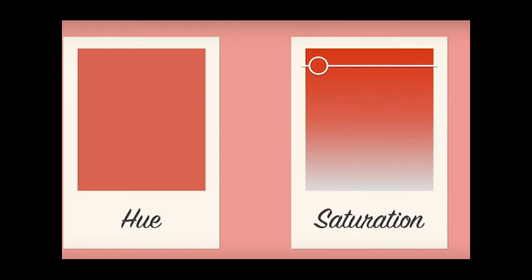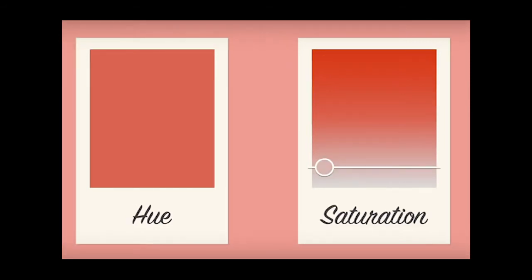If we go down that box, the red gets more and more washed out, less intense, less saturated, until the point that it's almost completely gray, we can see that as a desaturated image. And so it's important to consider how saturated the hue of the color that you pick is.